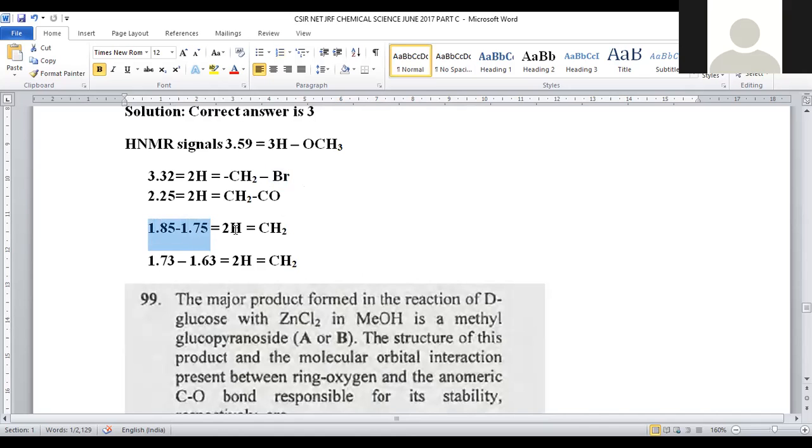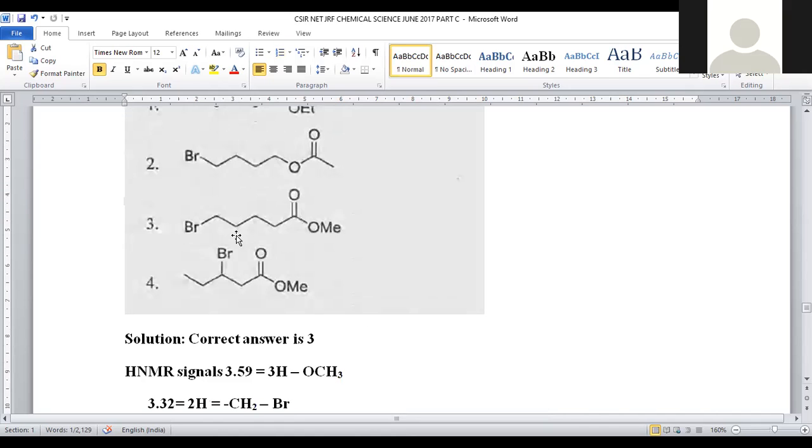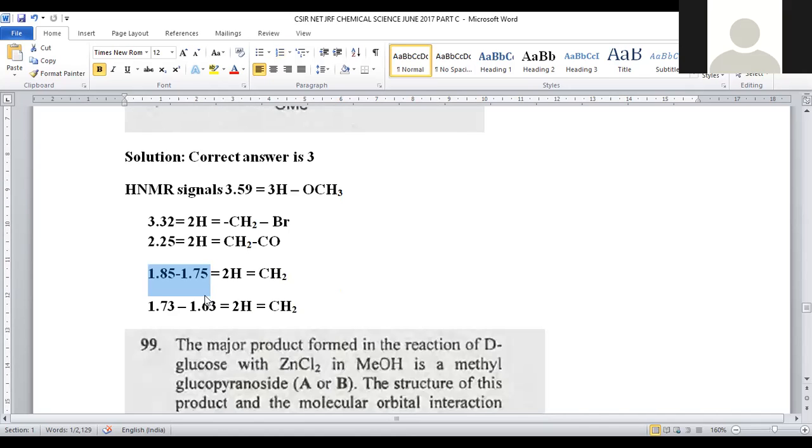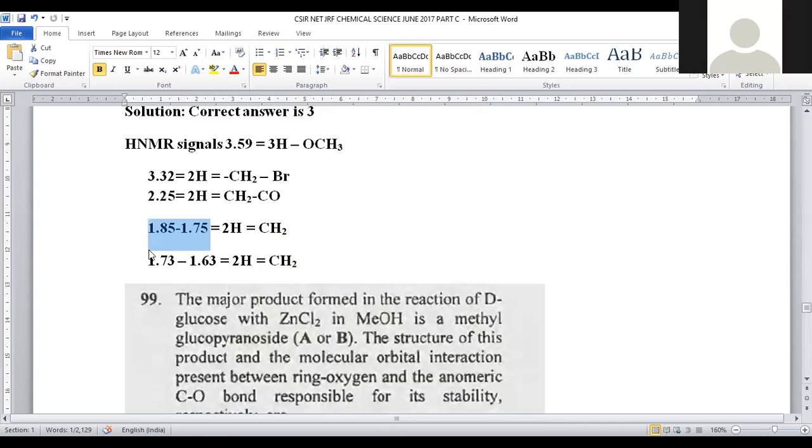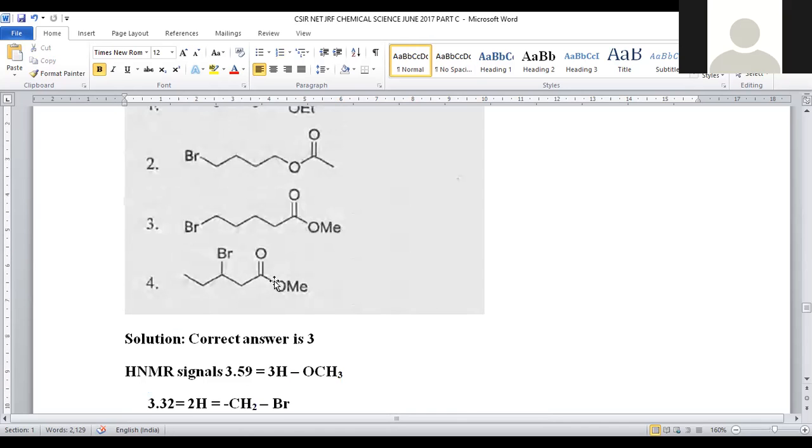Then 1.85 to 1.75, 2 hydrogens, CH2. The remaining 2 hydrogen CH2 will be 1.73 to 1.63, again 2 hydrogens. These 2 methylene groups are not directly linked with any electron withdrawing group, so you can conclude these 2 methylene groups are the 1.85 and 1.73 hydrogens.